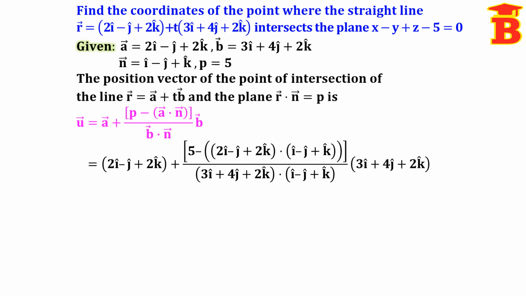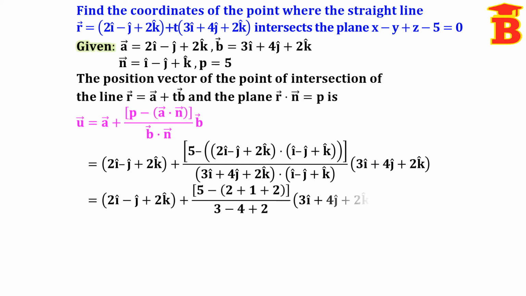So u vector is equal to a vector 2i minus j plus 2k plus bracket p value 5 minus a vector dot n vector. This is a vector dot this is n vector divided by b vector dot n vector. Here this is b vector dot this is n vector into b vector, that is 3i plus 4j plus 2k.